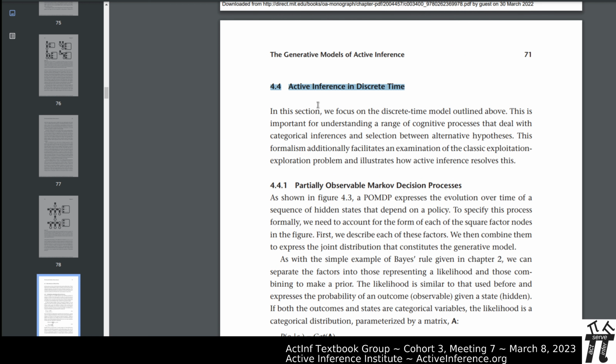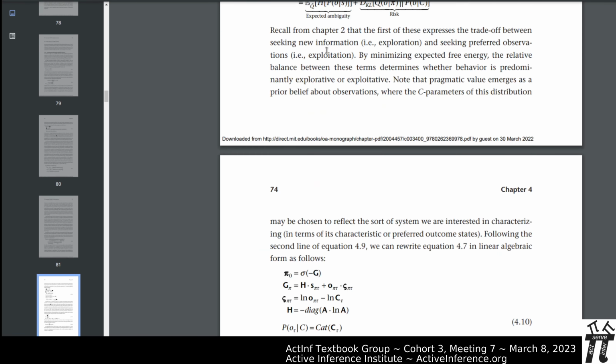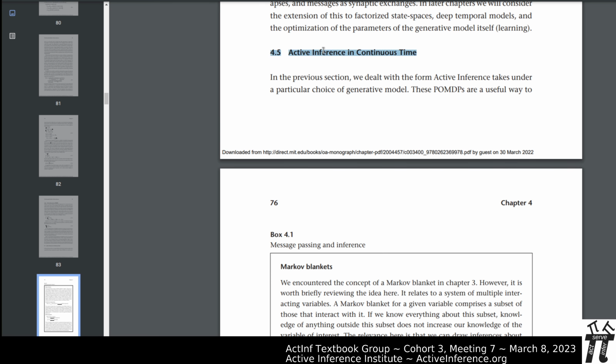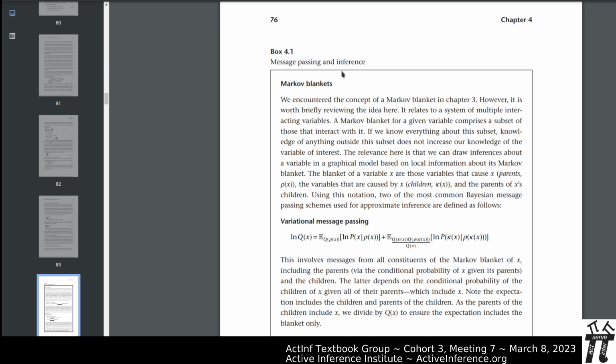4.4 is a precursor to chapter 7. It's about active inference in discrete time. More details. 4.5 is a precursor to 8. It's a precursor to talking more about continuous time generative models. Some more details on Markov blankets.